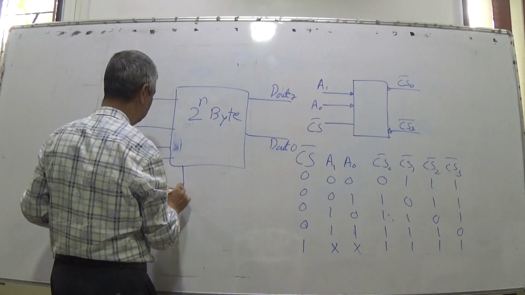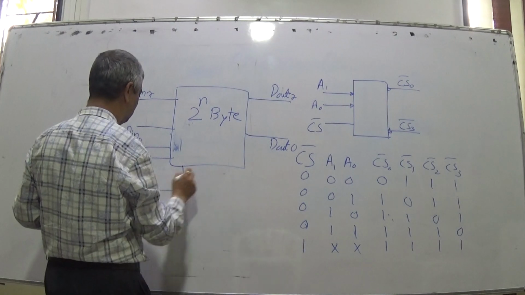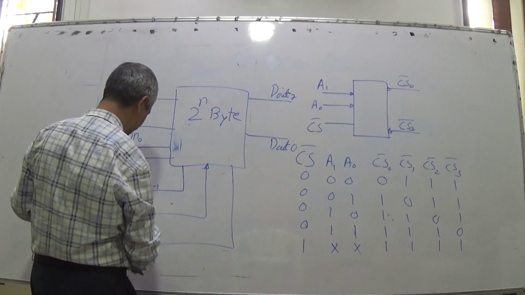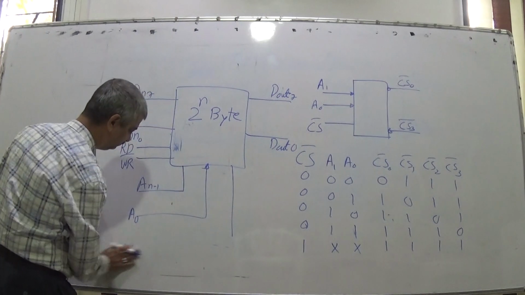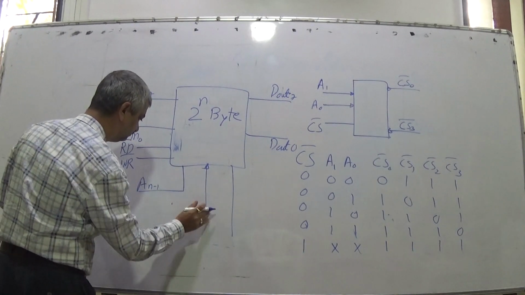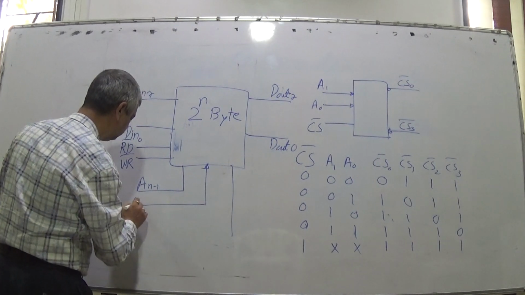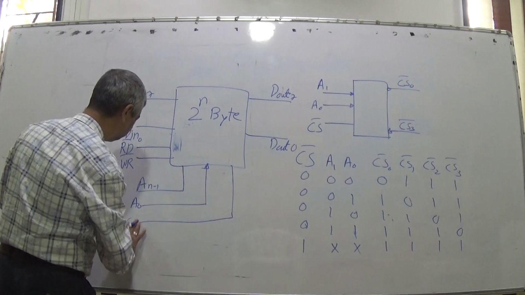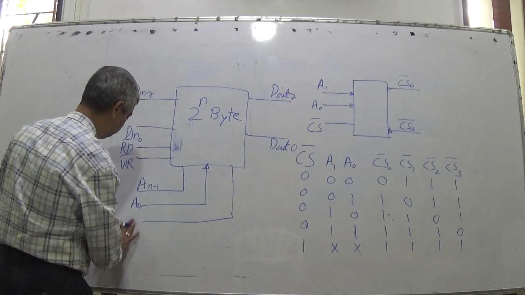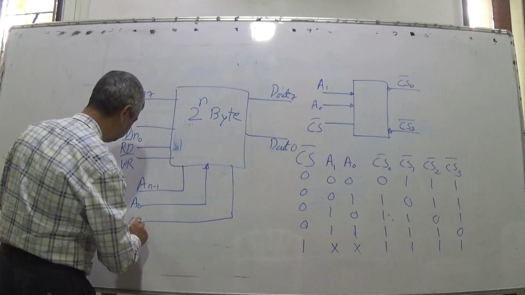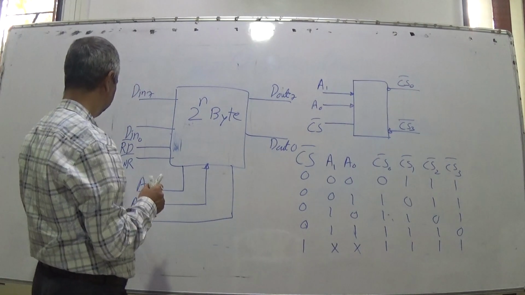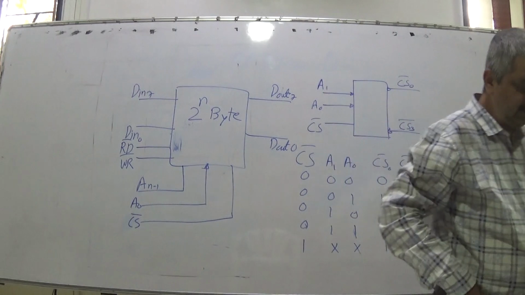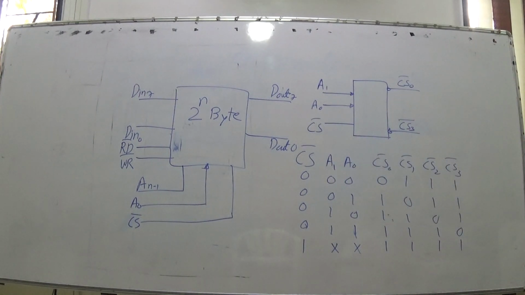So in general, A n minus 1 till A0 and a master chip select bar. So this is 2 raised to n byte memory cell.